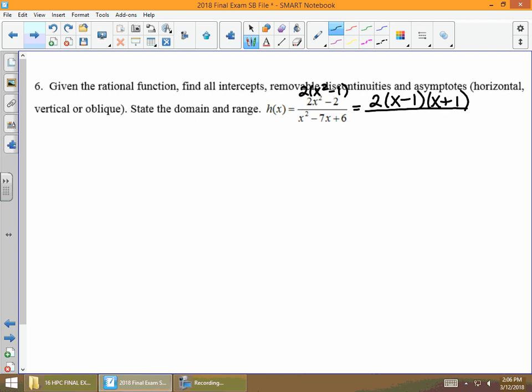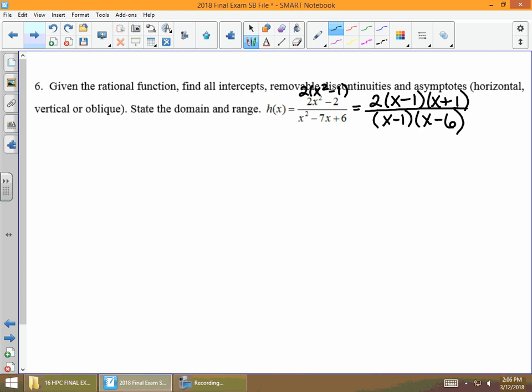In the denominator, I need to factor to multiply to 6 and add to -7. So that's going to be x minus 1 and x minus 6. -6 and -1 add to -7 and multiply to +6.